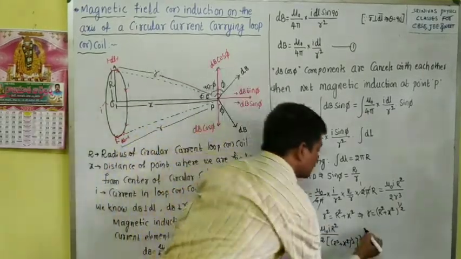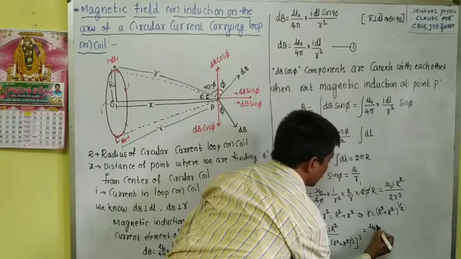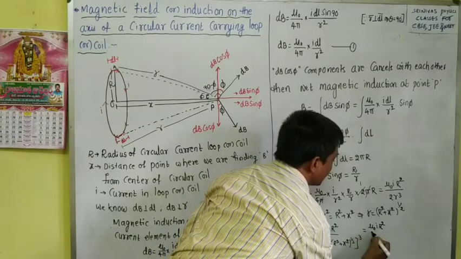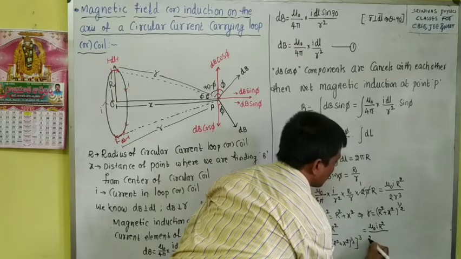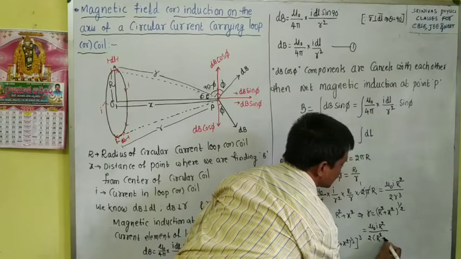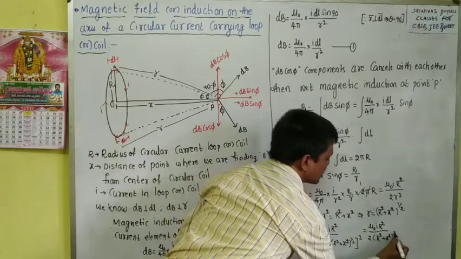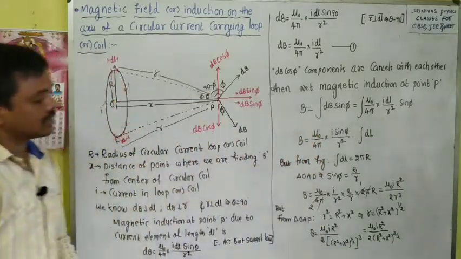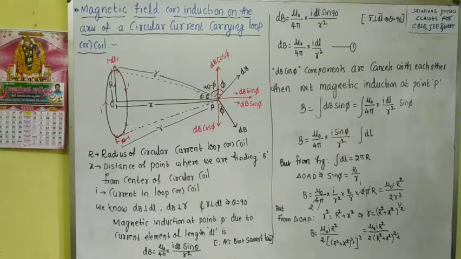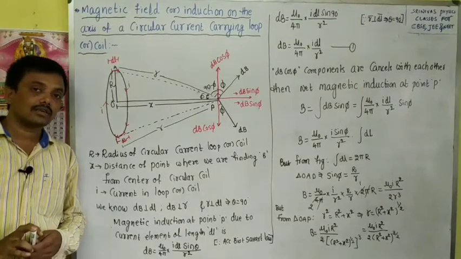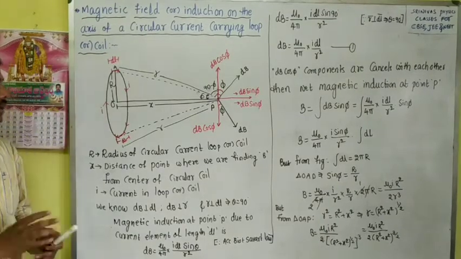Then finally we get mu naught I R square by 2 of R square plus x square, whole power 1 by 2 whole power cube, which we write as whole power 3 by 2. This is the final formula for the magnetic induction on the axis of a current carrying loop.